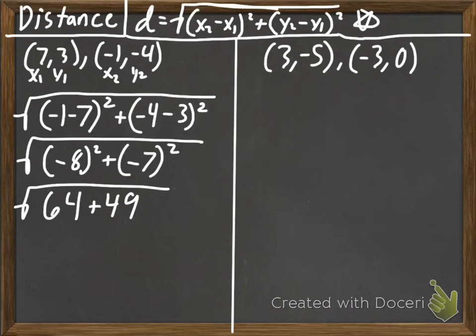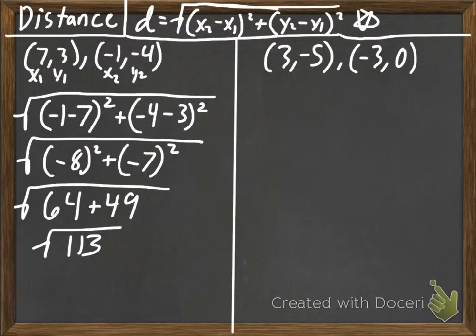Now we do 64 plus 49. We get the square root of 113. And I'm sure everybody here knows the square root of 113 as a decimal, so we don't even need to worry about that. And I don't really know what it is exactly. I have a guess. I know it's going to be a little bit more than 10. So if you get the square root here, make sure you put the square root into the calculator and get yourself a decimal to work with.